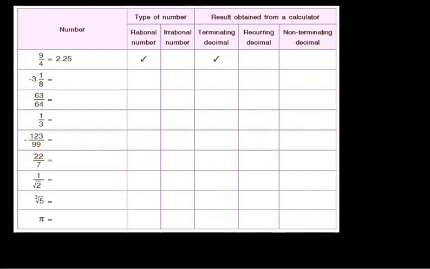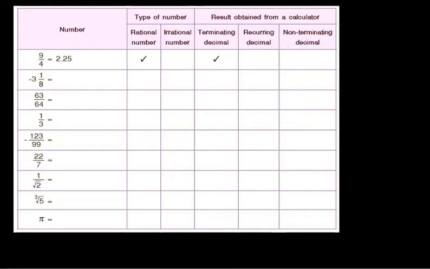We have looked at these already, but to remember very well, I will be guiding you as we do our division. I will be giving you the properties, how the number should be, and then you'll be able to tell if a number is terminating, if a number is recurring, if a number is non-terminating, and then you will also decide whether a non-terminating decimal is a rational number or an irrational number.